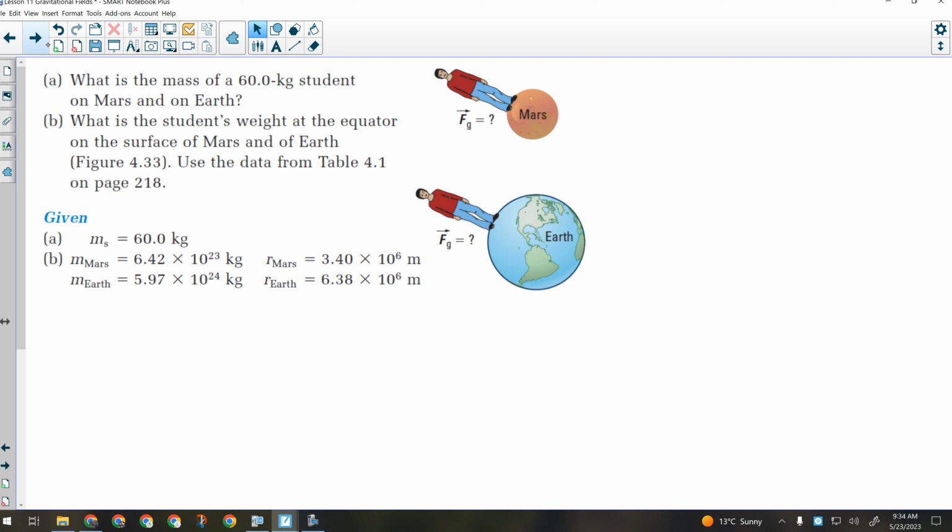Here's a question I love to put in a multiple choice question. What is the mass of a 60 kilogram student on Mars and on Earth? 60. You'd be surprised how on a test people get anxious and they go ahead and calculate the weight.